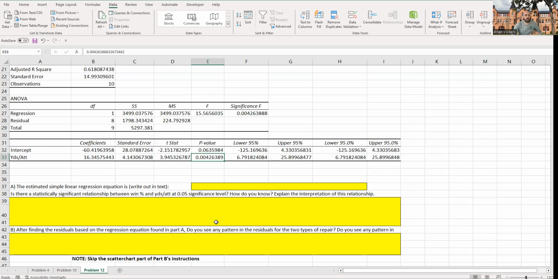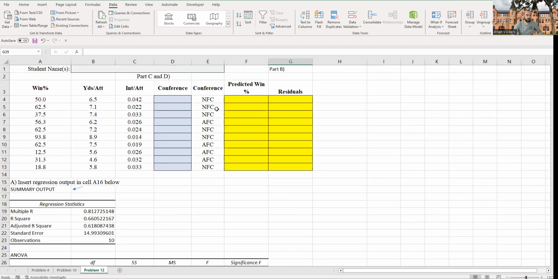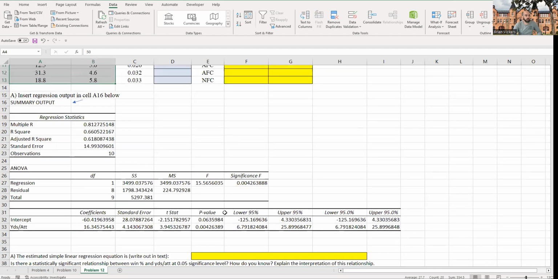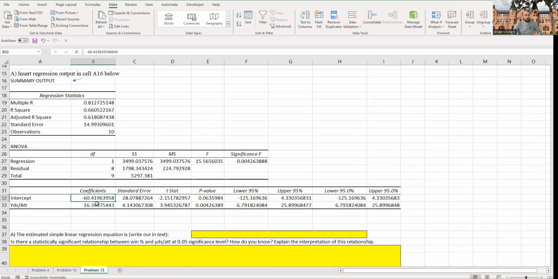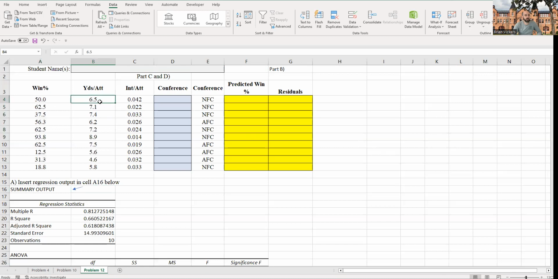So what it's going to ask you to do in this problem, and I've got it set up for you to do right here, is predict the win percentage for each of these teams based on just part A. We're going to take this formula, which is this plus this times X, where X is the yards per attempt, and predict the win percentage for each of these teams.